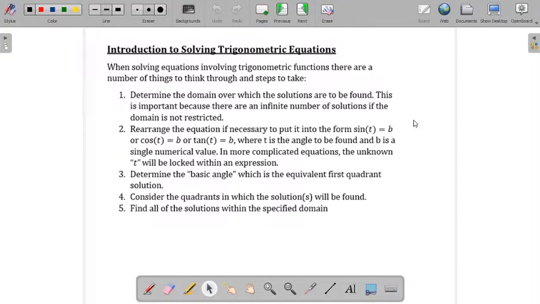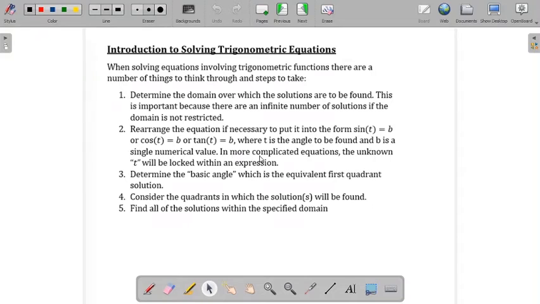That just means sine, cosine or tan of something is equal to a number. There'll often be a bit of rearranging necessary, but we just want to get it into that simple form, with the sine function on one side and a number on the other. That will help us to simplify things.